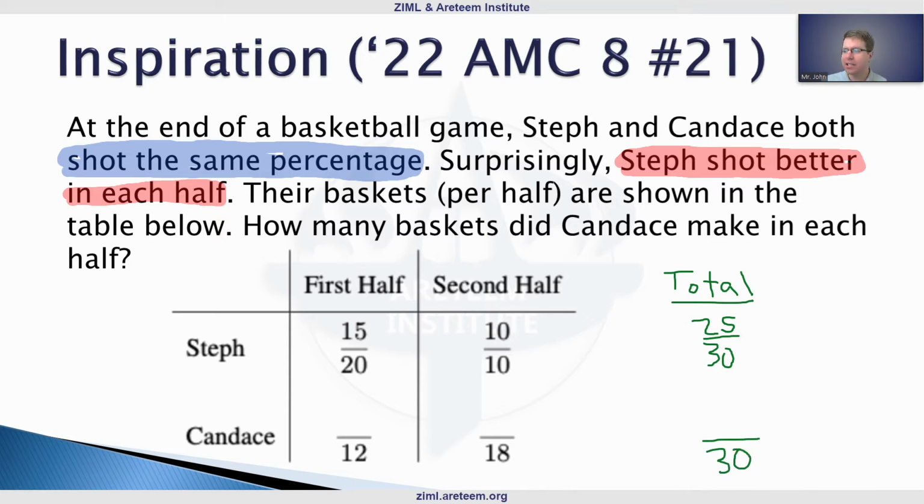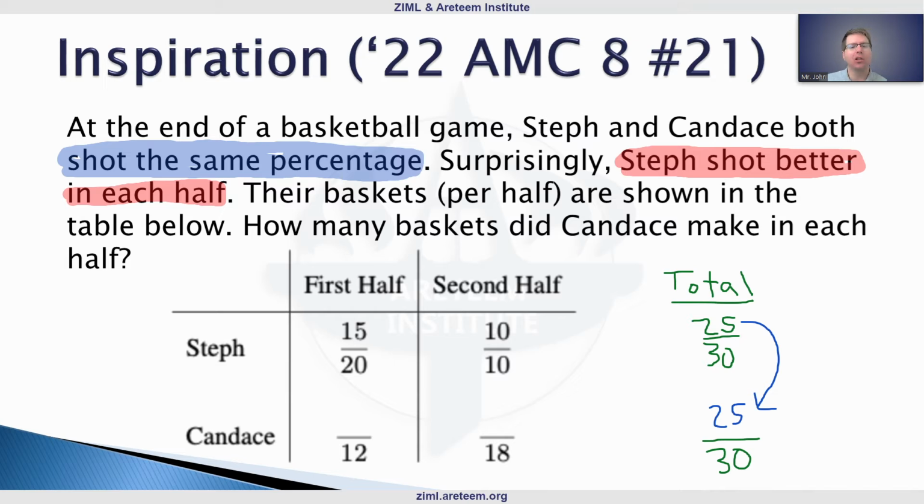Because they shot the same percentage, we know right off the bat, and this is why the numbers are a little bit nicer to us, that Candace made 25 baskets as well. So that is what we know in this scenario.